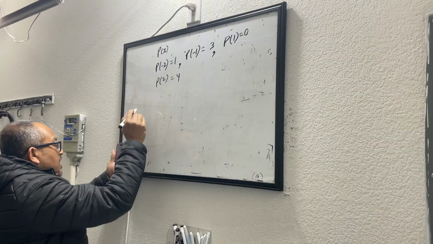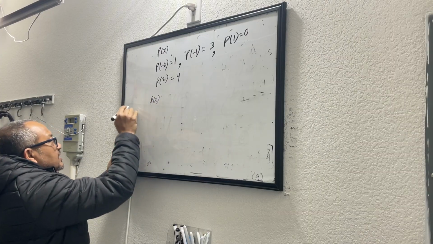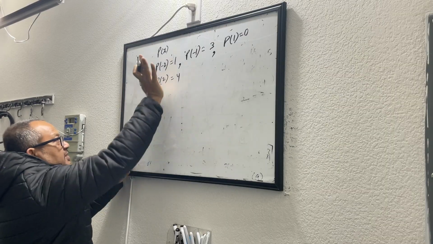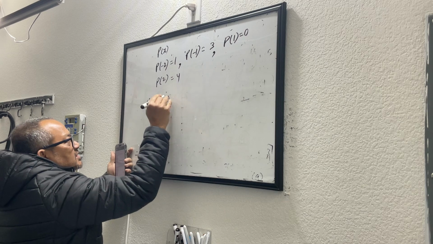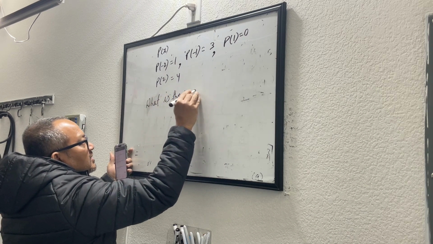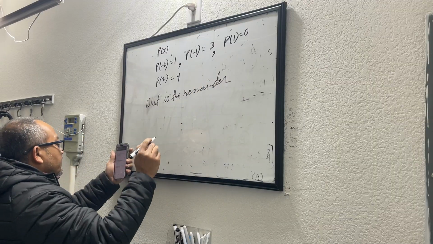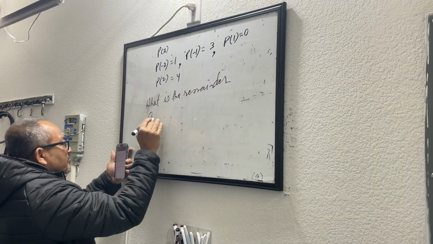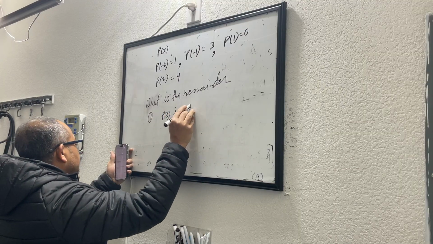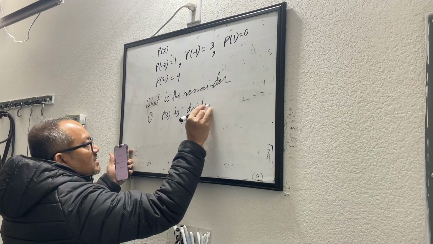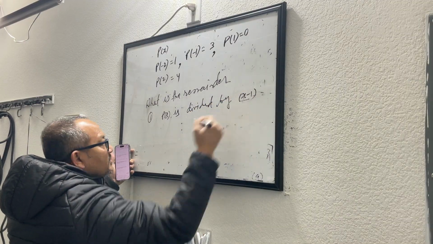So it has two parts. What is the remainder when p of x is divided by x minus 1?